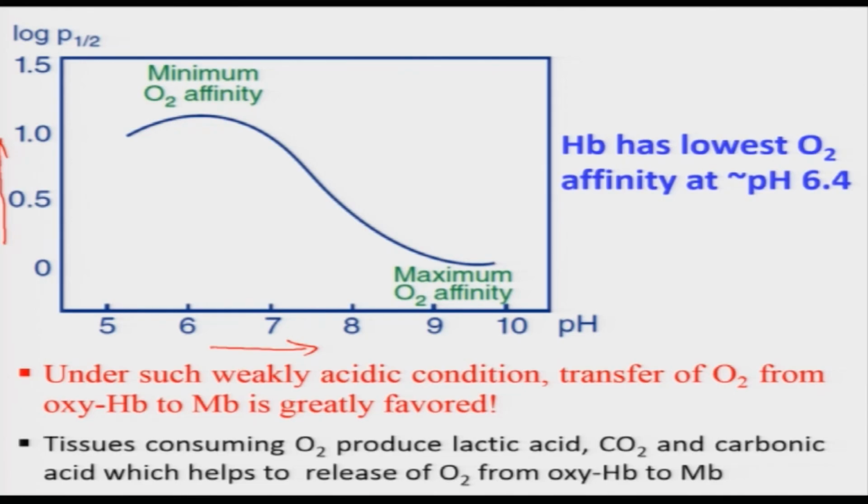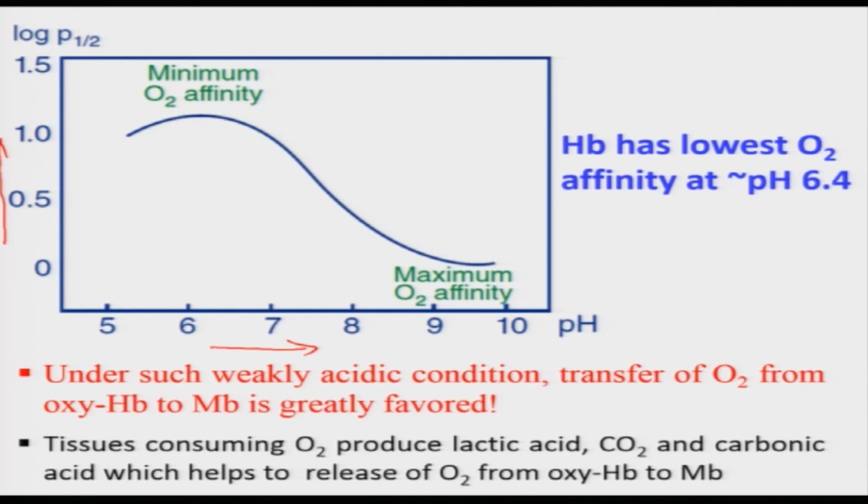Now, what you see in the case of hemoglobin is that the lowest affinity of dioxygen towards the heme center is at around pH 6.4 to 6.5, whereas in basic medium the binding affinity is very large. So, Hb has lowest oxygen affinity at pH 6.4.